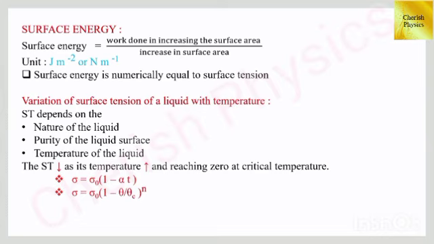Second formula, sigma equals sigma naught into 1 minus theta divided by theta C, the whole power n, where theta is the current temperature, theta C is the critical temperature and n is the empirical constant. Mainly, its value is 11 divided by 9.